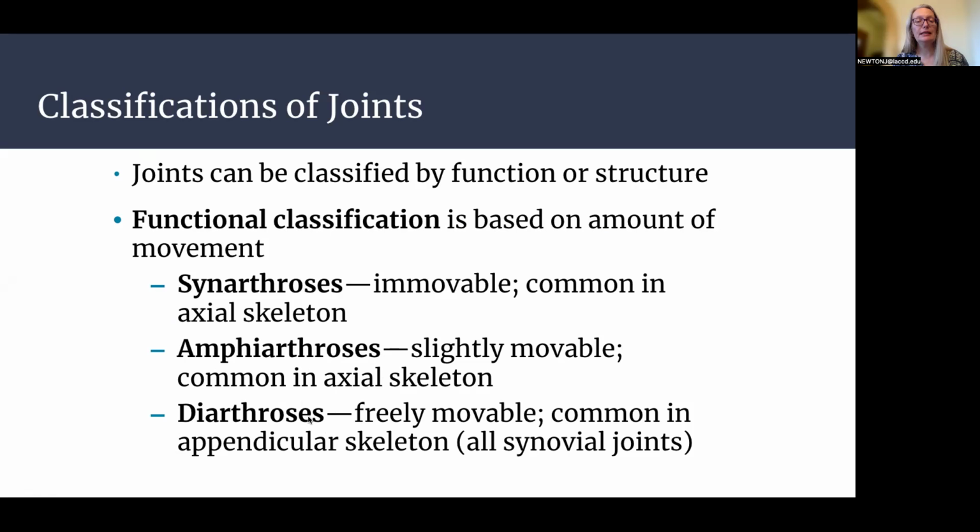Diarthroses are freely movable joints, and these are particularly common in the appendicular skeleton. So this is where our limbs, both upper, our arms, and lower limb, our legs, are joining onto our axial skeleton. So these diarthroses, freely movable joints, are very common in this portion of our skeleton. And these freely movable joints are all synovial joints.